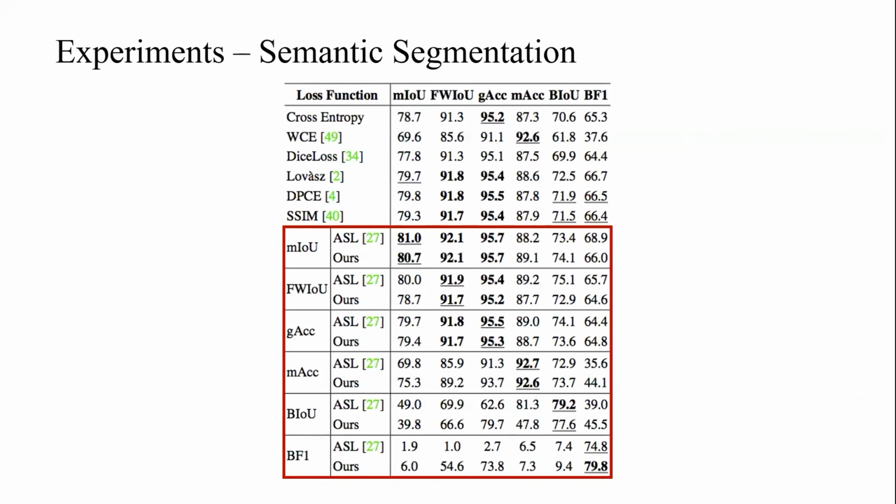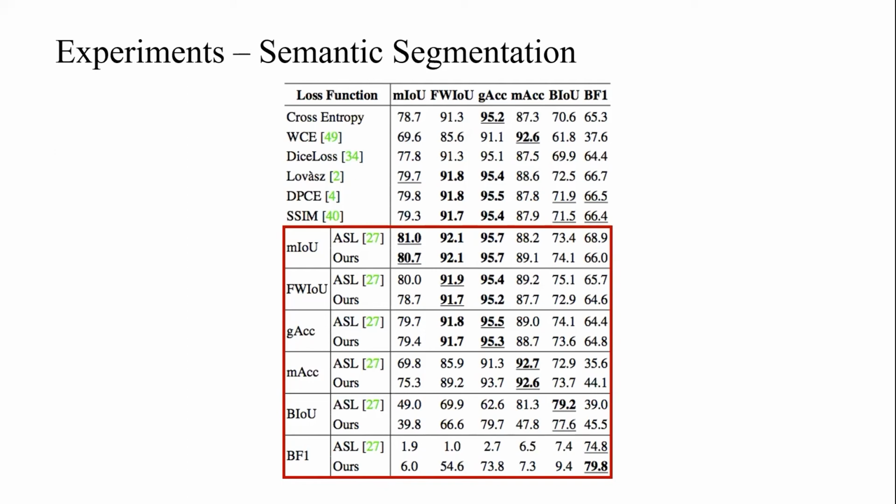So let's come to the experiments. We verify the effectiveness of AutoLoss-Zero on a variety of computer vision tasks. Let's first see the results on semantic segmentation. On semantic segmentation, we search for the six mainstream metrics and achieve competitive results for all these metrics compared with AutoSegLoss, which is denoted as ASL here.